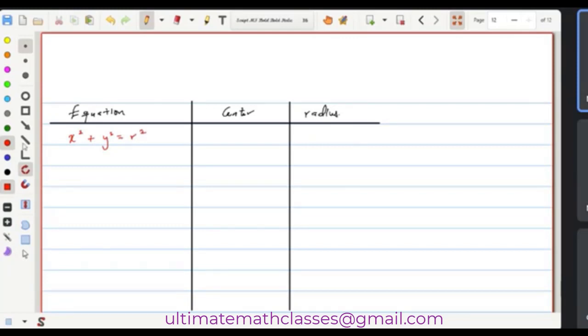What was the center of the circle? So the center of the circle will be r squared. Right, sorry. This is the equation of the circle centered at the origin.